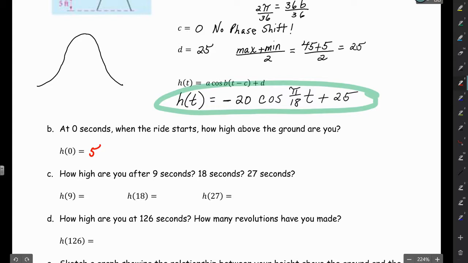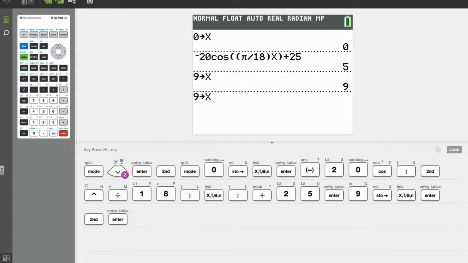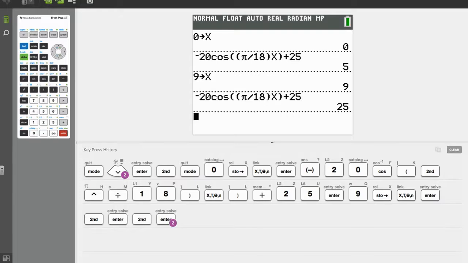Part C is asking how high are you after 9 seconds, 18 seconds, and 27 seconds. So we're going to go back to our calculator and look at the values for 9, 18, and 27. I'm going to do 9 store x. And I don't want to retype that, so I'm going to use the repeat the entry command. So I'm going to do second, enter, second, enter. And so the output value for 9 is 25.